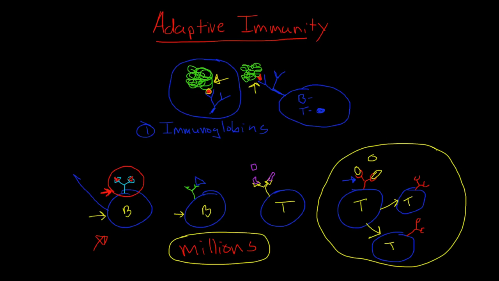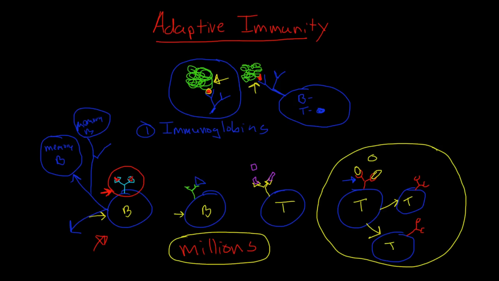And when B cells divide, they can differentiate themselves into two different types. They can differentiate themselves into memory B cells and make a whole bunch of memory B cells. And these memory B cells will just hang out in the lymph tissue, and they won't be immunologically active, but they will just stay there for a later time.